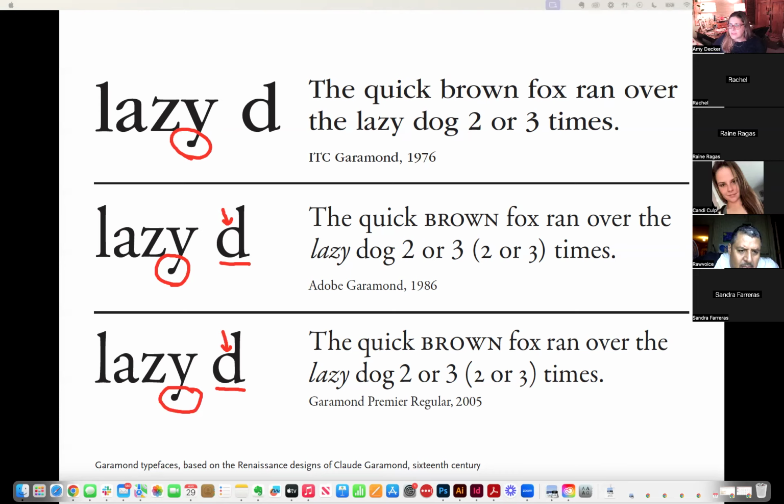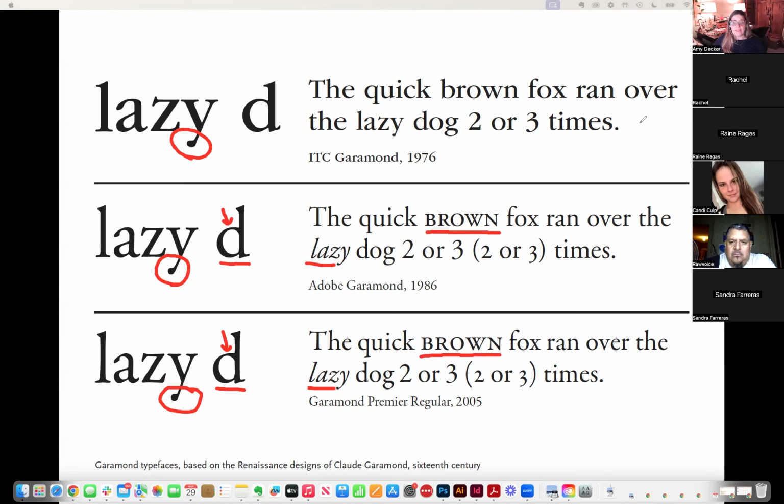I'm going to look at the chat. I see some more kerning in the uppercase letters than in the second one. Yes, that is a good point. The other thing I forgot to mention is that here we have what we call small caps. Both the Adobe Garamond and the Garamond Premiere include small caps and italic.